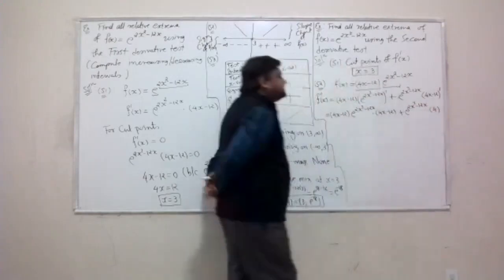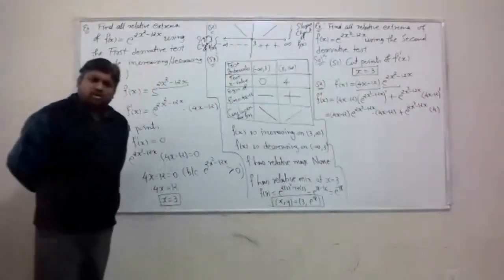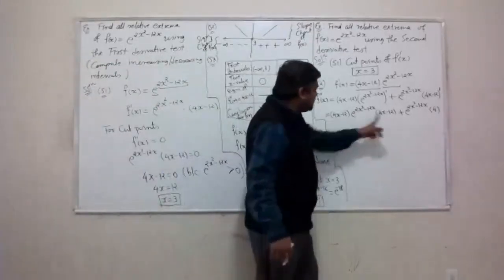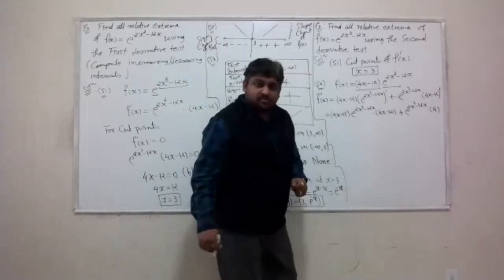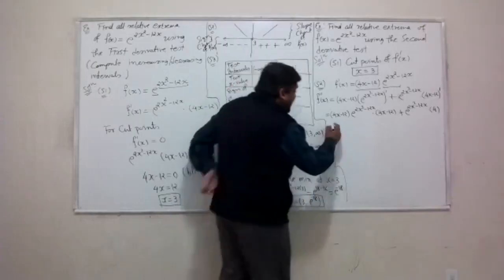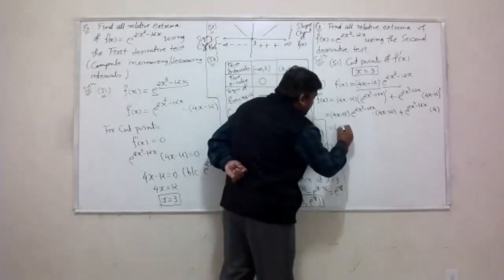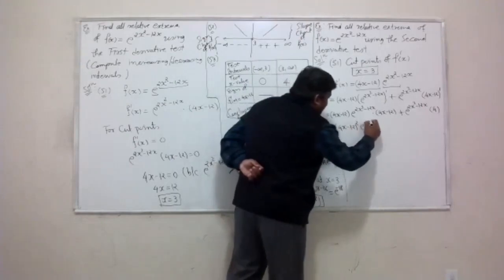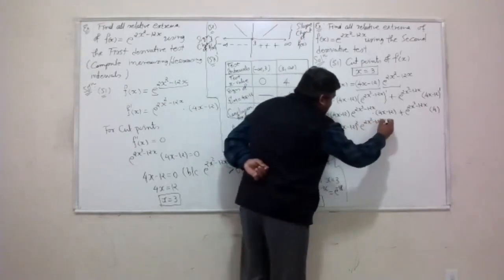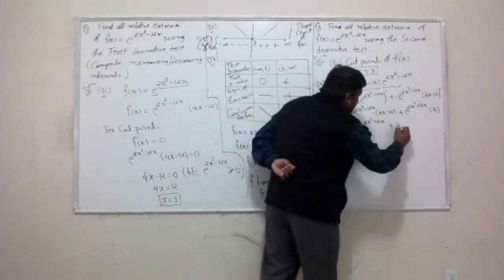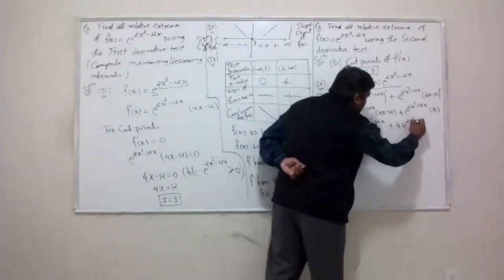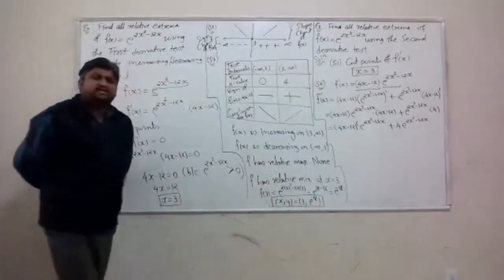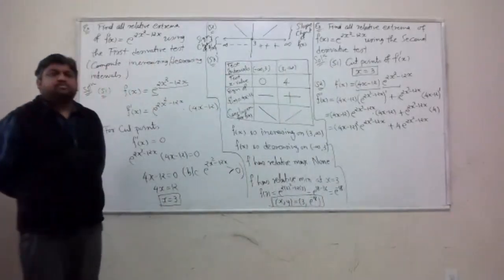Derivative of 4x minus 12 is just 4, right? I want you to notice that there are two copies of 4x minus 12 in the first term. I can write it as a square of 4x minus 12. Then I have e to the 2x squared minus 12x. And then I have 4 e to the 2x squared minus 12x. This is the second derivative of the given function.